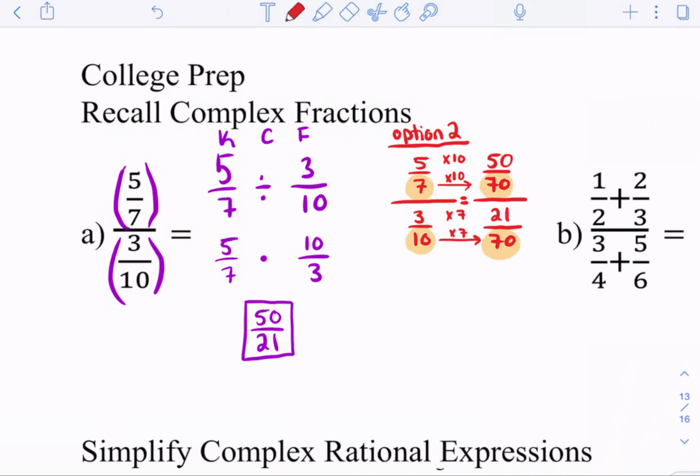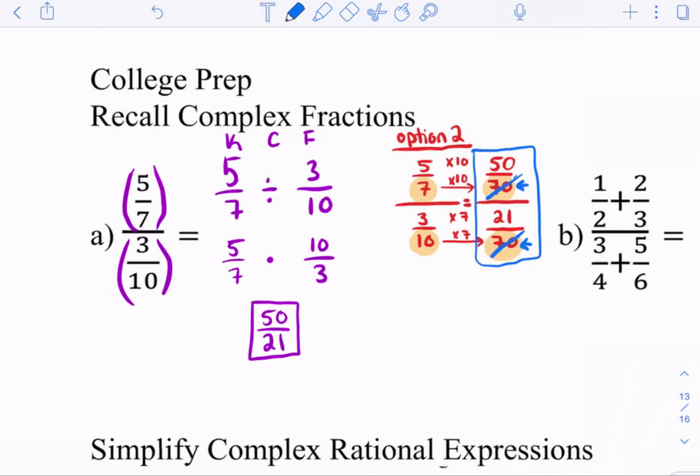Now, because in this problem we have common denominators in the top and in the bottom, so in the numerator and the denominator, we can actually reduce them. Why? Because this is the same thing as saying keep, change, flip.